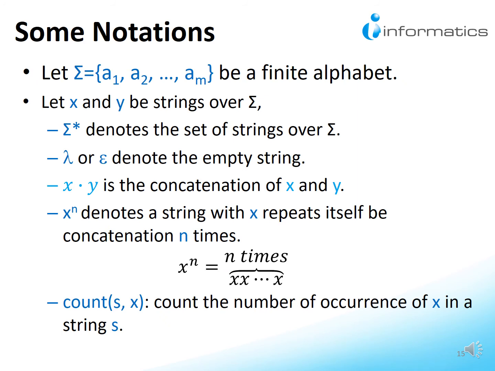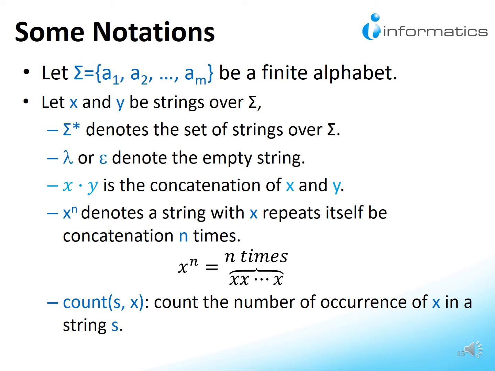In this slide, we look into some notation of the string data structure. We assume sigma is a finite alphabet, consisting of A1, A2, up to AM. Assume that X and Y are two strings over this particular alphabet.